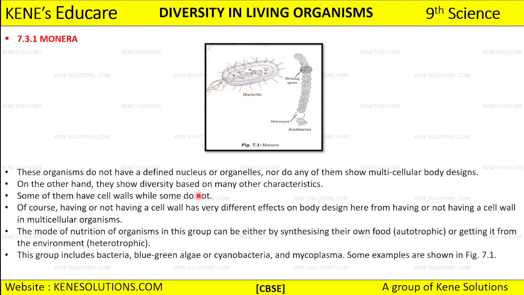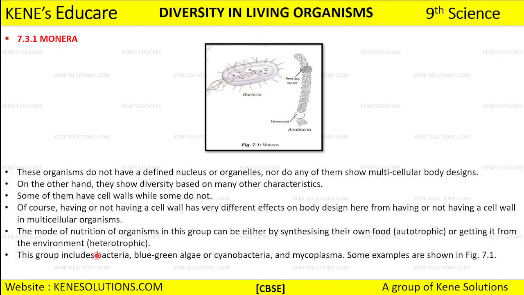So the group under Monera, or the organisms under kingdom Monera, includes bacteria, then blue-green algae, which we also call cyanobacteria, and mycoplasma.